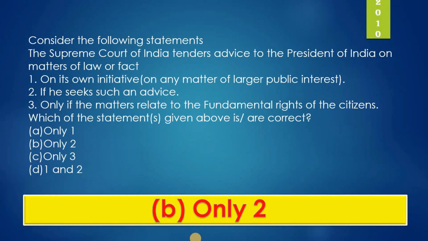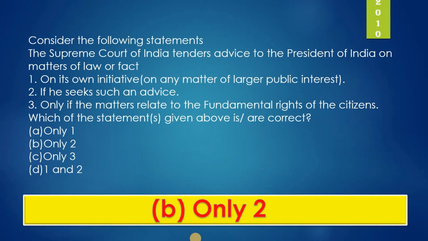Okay, so as we know, as per Article 143, it is the power of the President to consult the Supreme Court. Okay, and it includes basically if at any time it appears to the President that a question of law or fact has arisen or is likely to arise, which is of such a nature and of such public importance, that it is expedient to obtain the opinion of the Supreme Court, upon which he may refer the question to that court for consideration, and the court may, after such hearing as it thinks fit, report to the President and give its opinion.